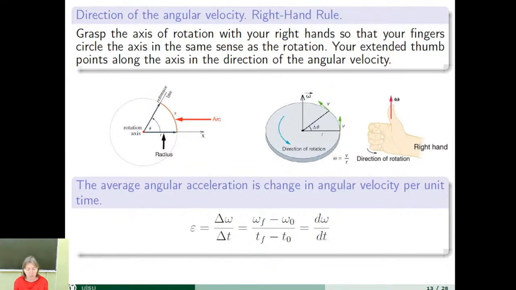Let omega second and omega first be its angular velocities at times t second and t first respectively. The average angular acceleration of the rotating body in the interval from t first to t second is defined as here, final and initial.